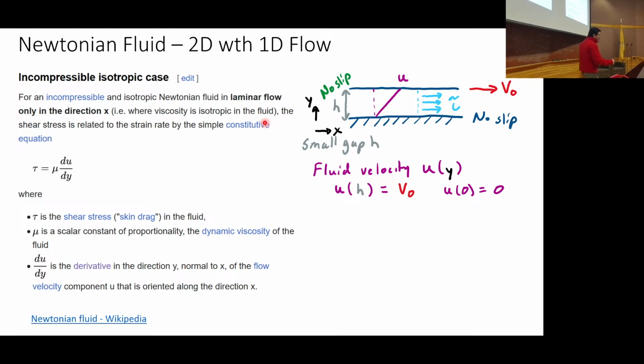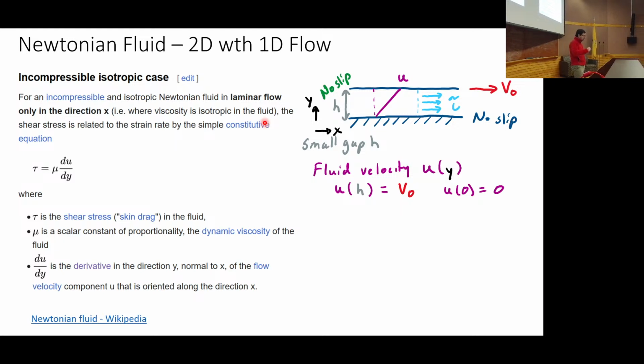We have V naught as the velocity at the top, and 0 as the velocity at the bottom. And we're going to say it's a thin gap, so we can have essentially a linear approximation for the particle velocity as we go from y equals 0 all the way to y equals h.